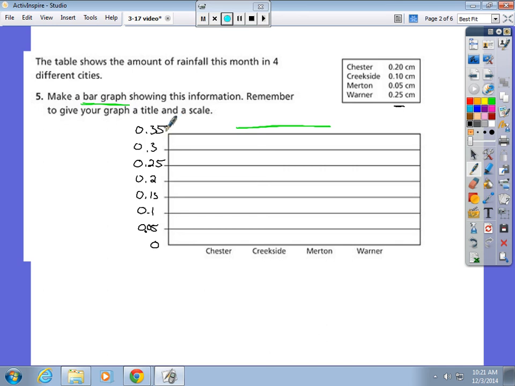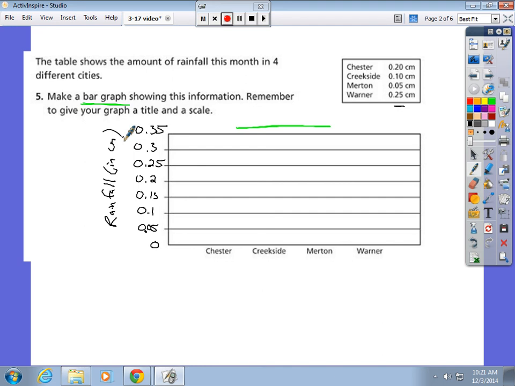Now each of those is in centimeters, and we're talking about rainfall. So we'll label it rainfall, and then in centimeters. So we have that labeled.